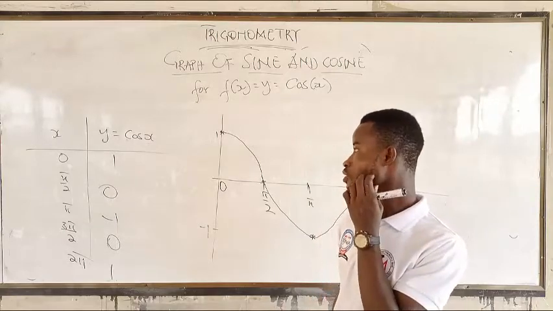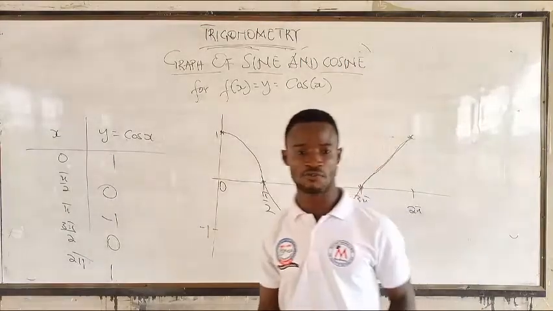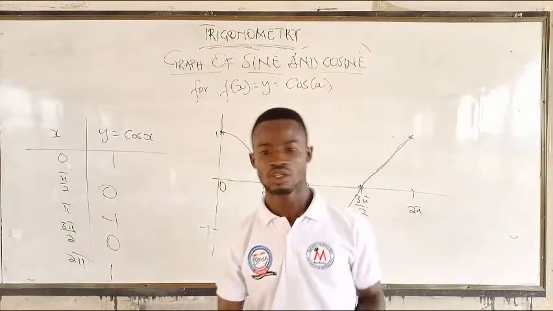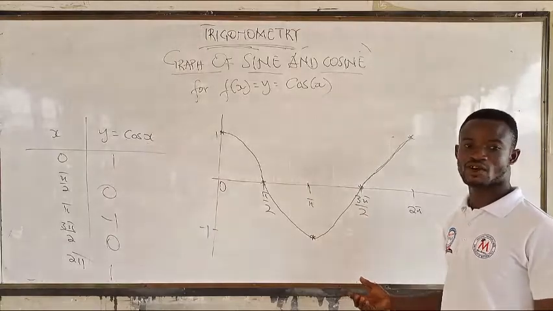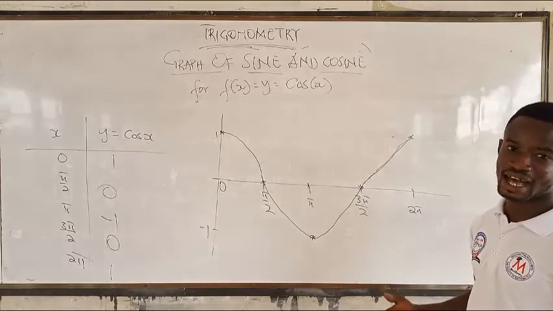All right, so let's look at the properties of the cosine curve. One, look at this graph and tell me. You can see that this graph is continuous on its entire domain.